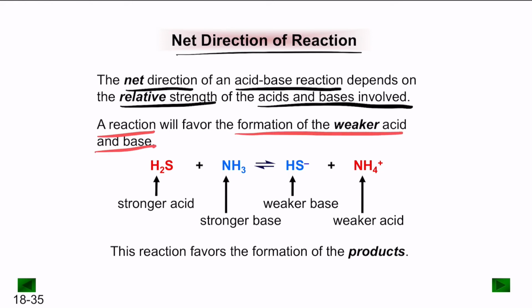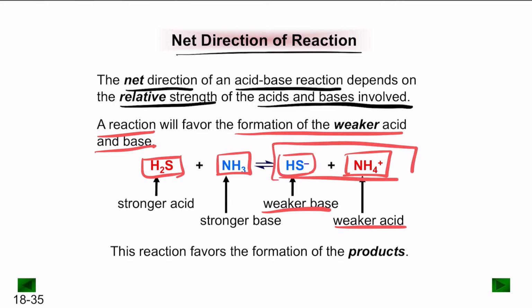So let's say for example, when you have H2S mixing with NH3 forming HS minus and NH4 plus, notice that HS minus is a weaker base and NH4 plus is a weaker acid, which means that the reaction will favor the side that is weaker in comparison, and when the weaker side is the product, the reaction favors the formation of the products.